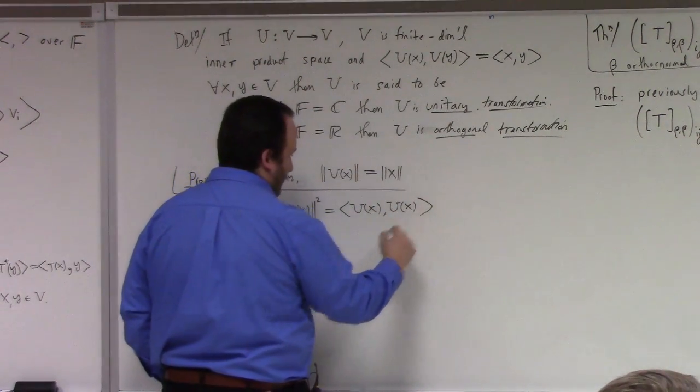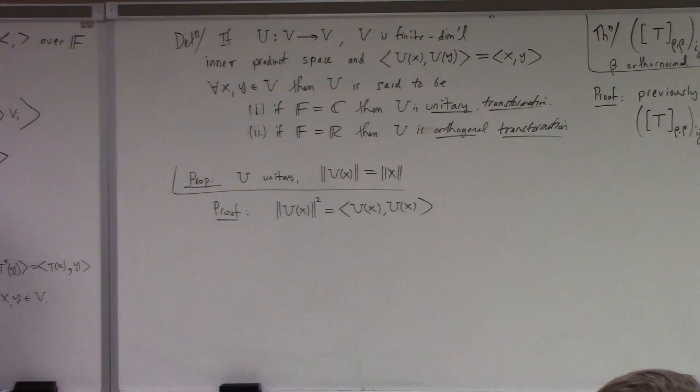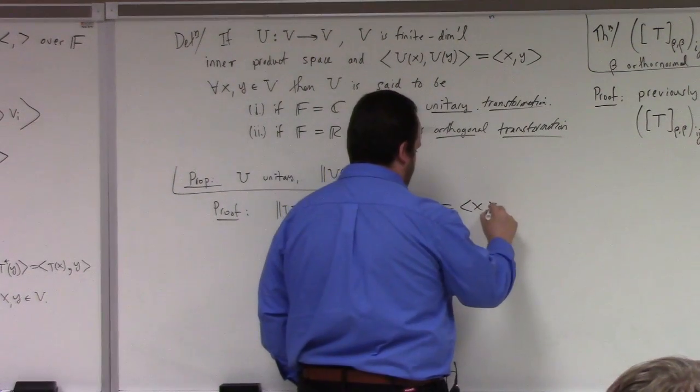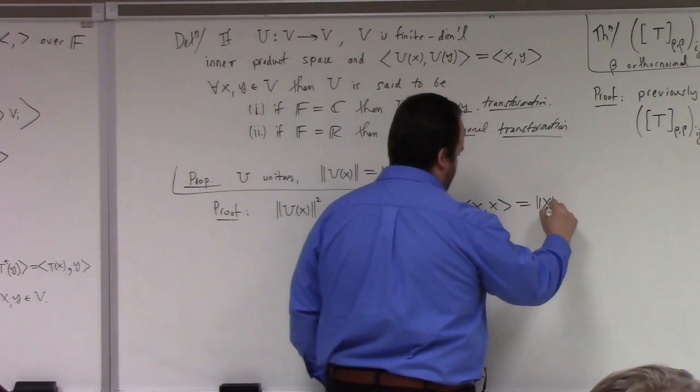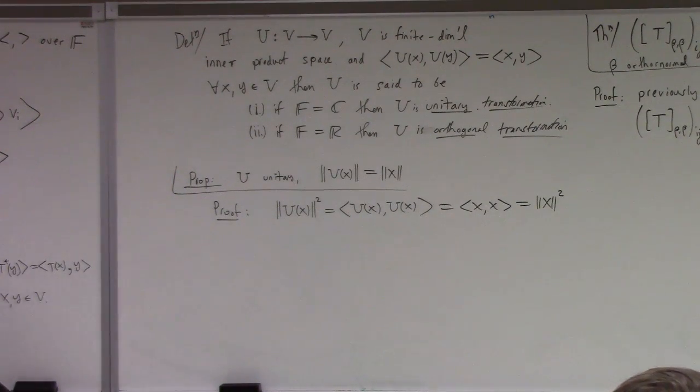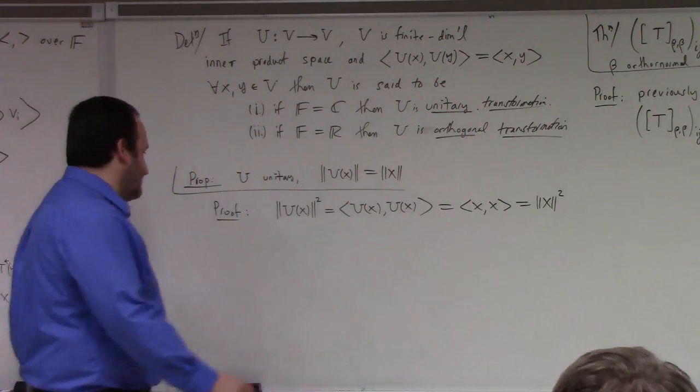That was our definition of norm, the square of the norm at least. But if U is unitary, that's the inner product of x with x, which is the norm of x squared. So an orthogonal transformation is essentially just like a rotation. Rotations would be included in orthogonal transformations, sure. But there are more. Yeah, there's also reflections.